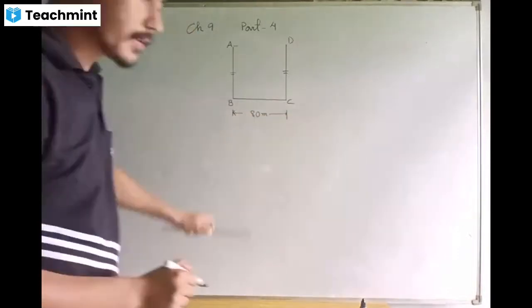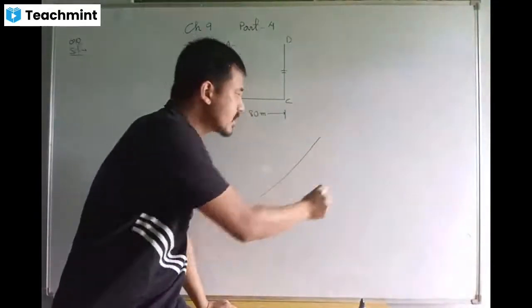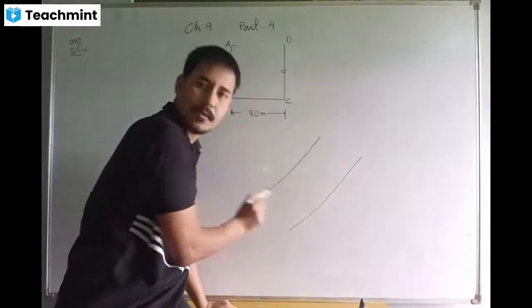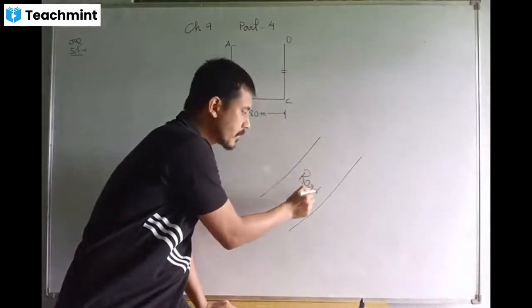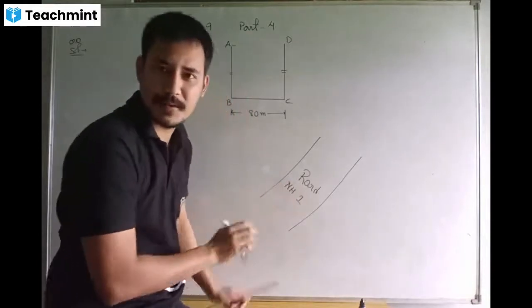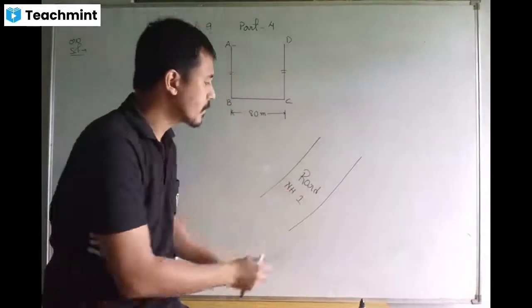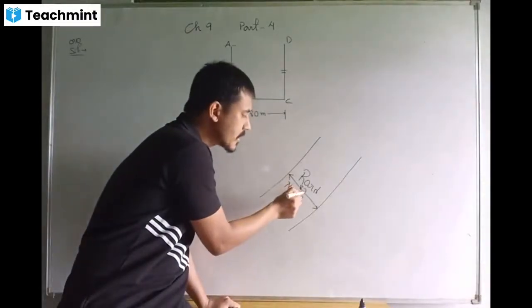So actually the figure is like this. Suppose this is the road, National Highway 1, okay? The width of the road is 80 meters.